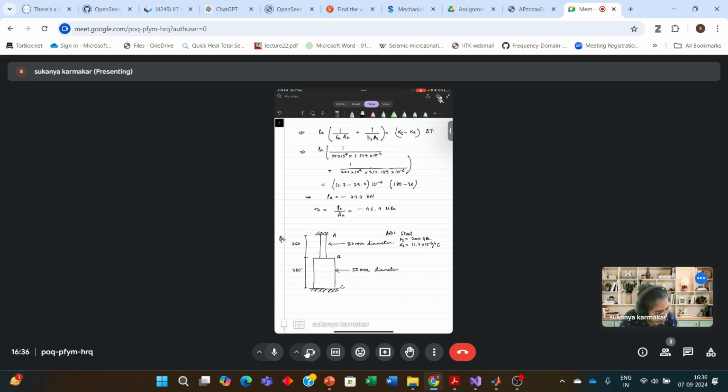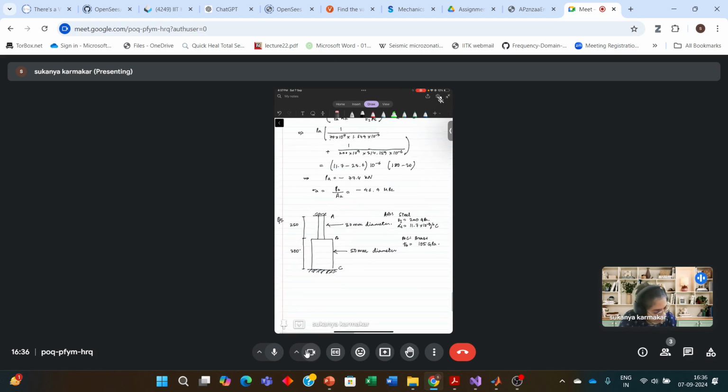And the portion BC is made up of brass. Young's modulus of brass is 105 GPa. Alpha B is 20.9 into 10 to the power minus 6 per degree Celsius.